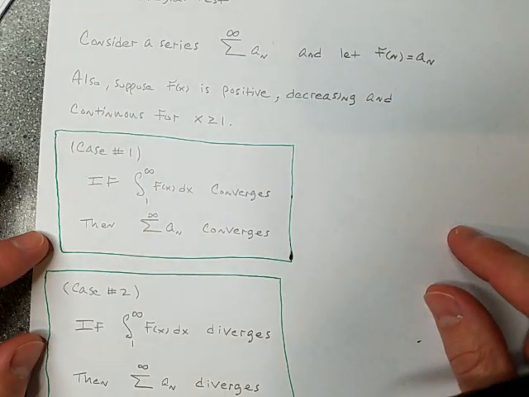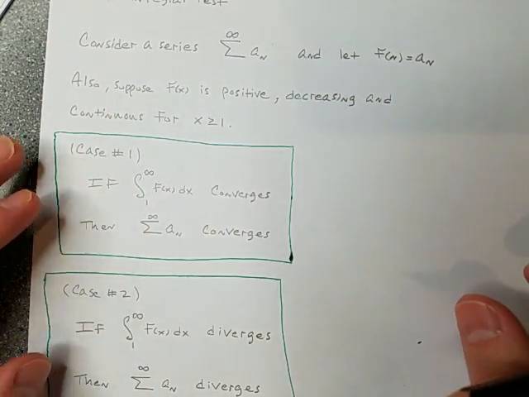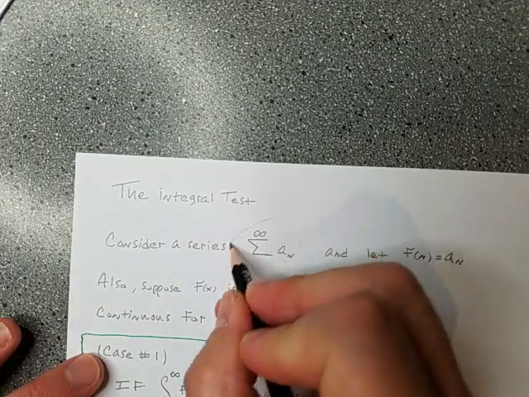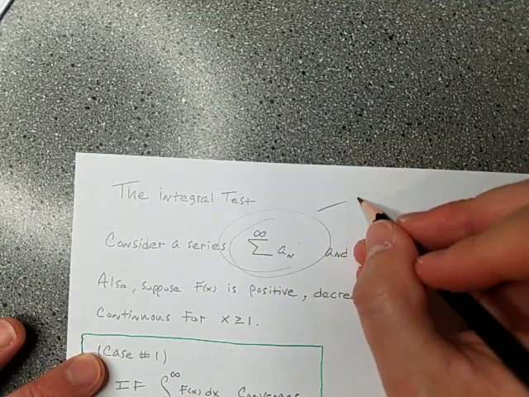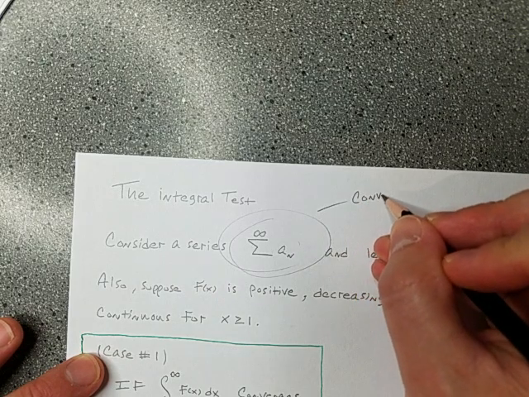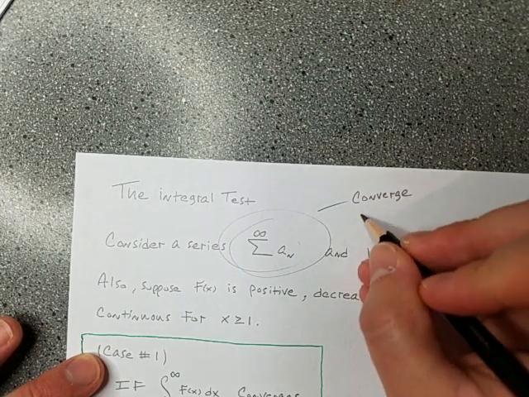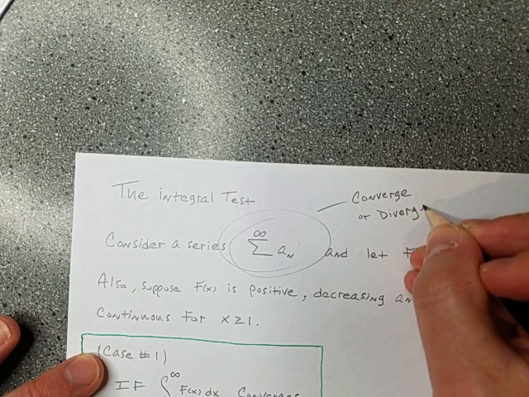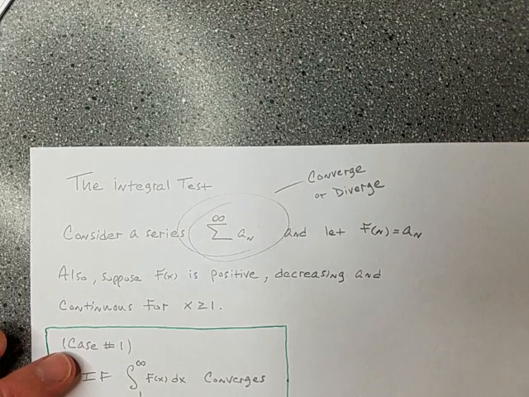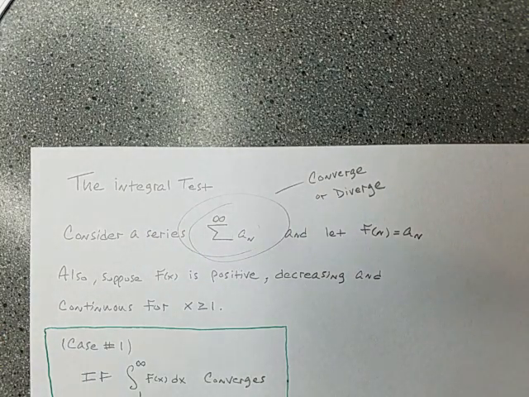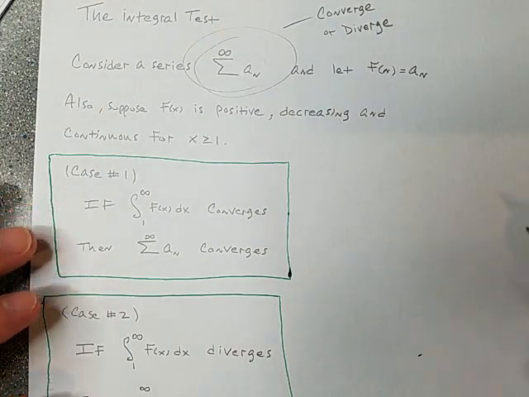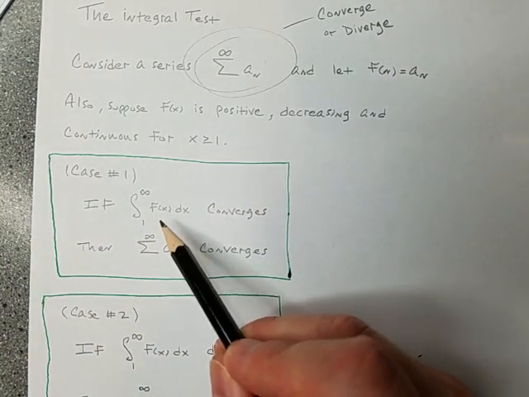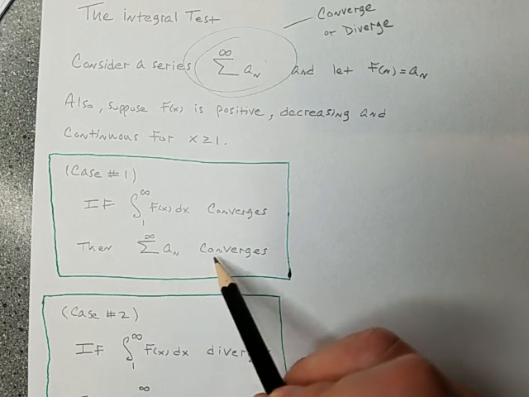Here's what it tells us. We use the integral test to figure out if a series converges or not. That's our big question that we're dealing with right now in Calculus 2: you have a series and we want to figure out, does it converge or does it diverge? So with the integral test, here it goes. You set up this improper integral from 1 to infinity. If that integral converges, then the series converges.